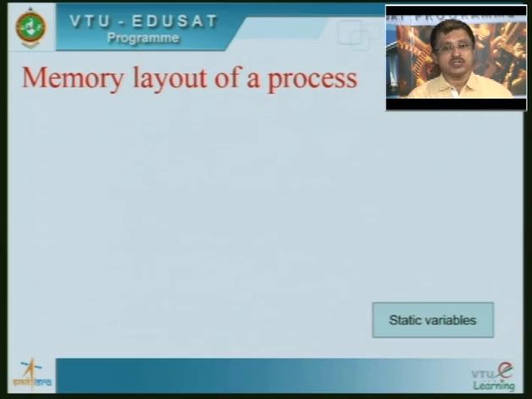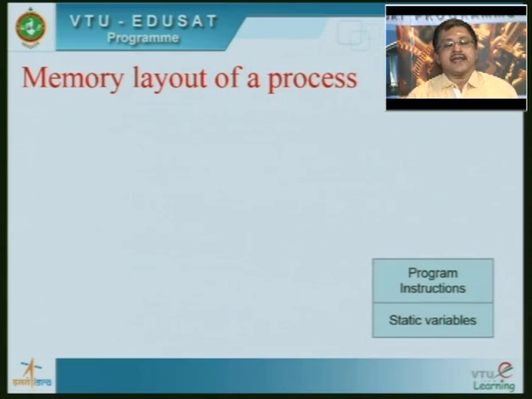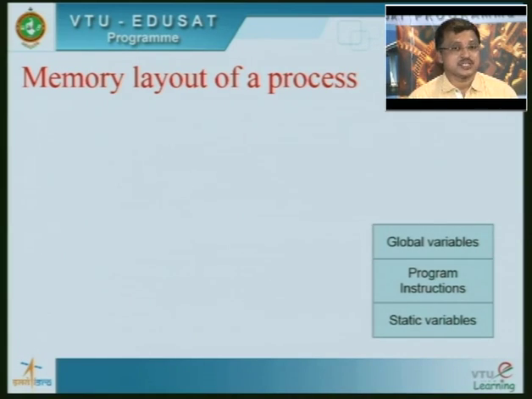So that's the first thing the compiler does in memory. The next is the actual instructions that the machine should execute. These are machine level instructions, so you need some space for that. We call it program instructions, also popularly called the text space.